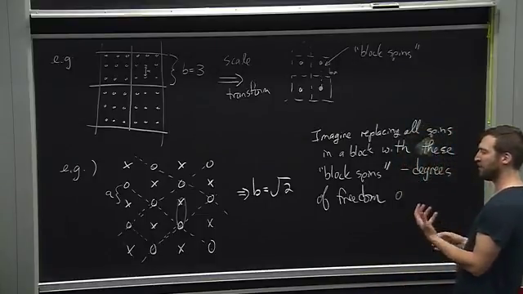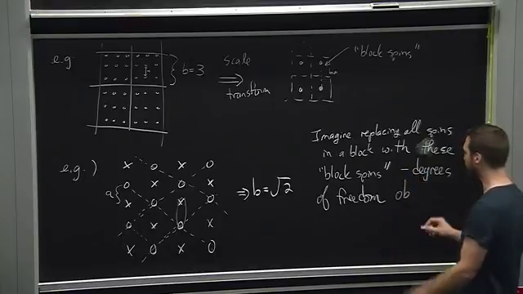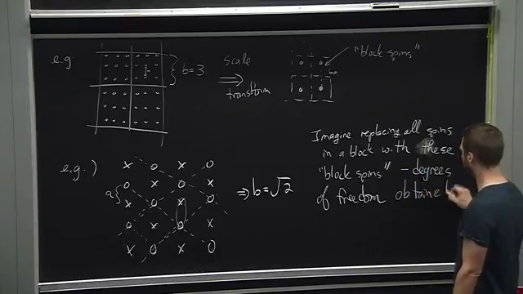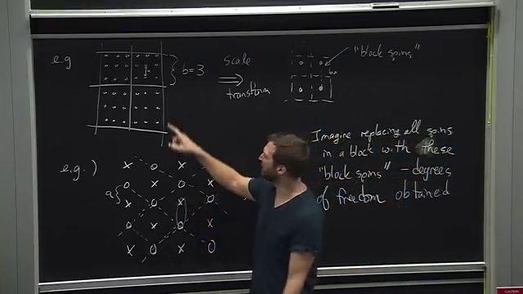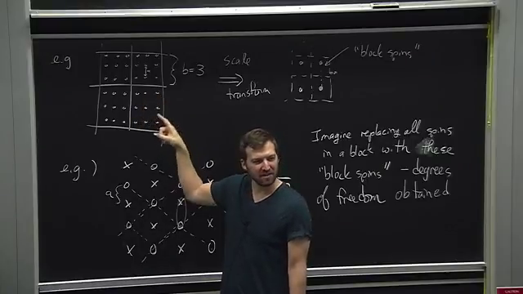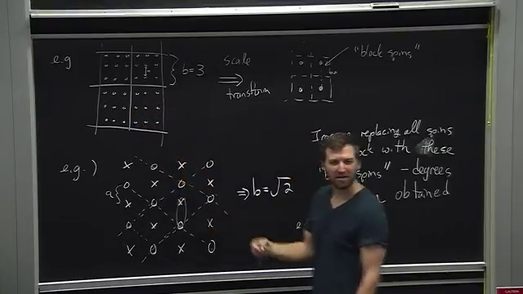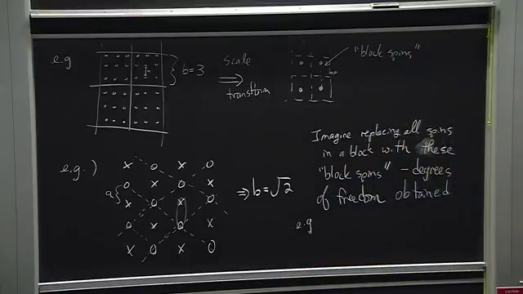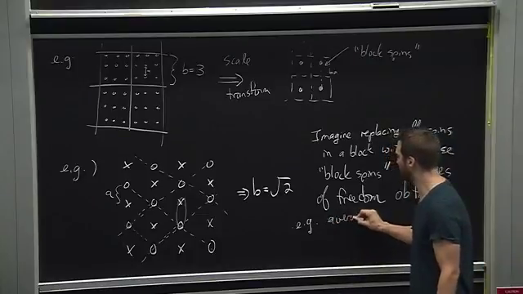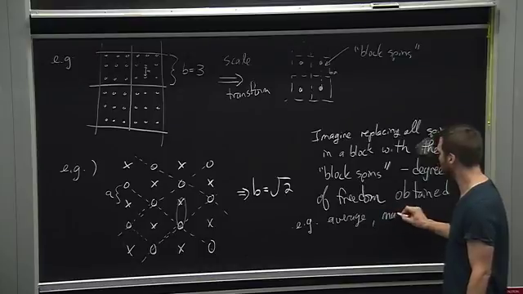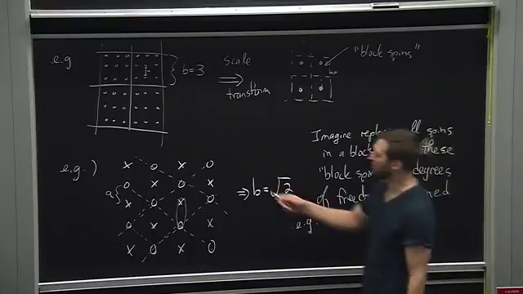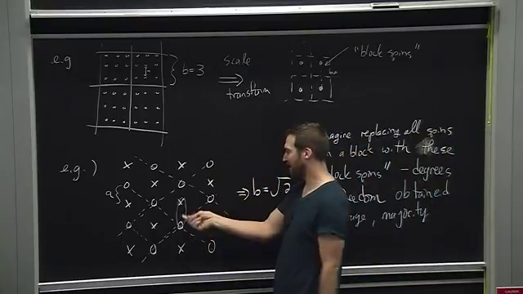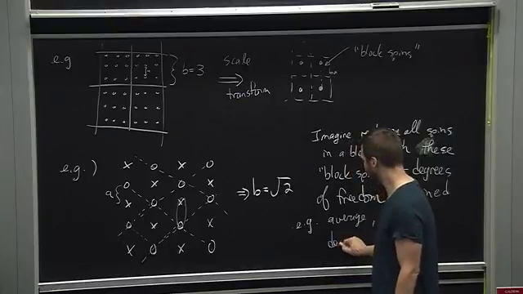The new degrees of freedom have to be obtained somehow from the old degrees of freedom. So for example, you could maybe average the spin states here. You can imagine taking these 9 spins, finding the average magnetization, and replacing those 9 spins with the average, or maybe a majority rule, or you could just decimate. You can imagine just throwing away all the x's here, that would be decimation.